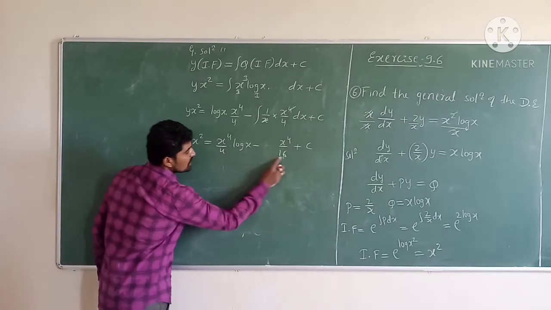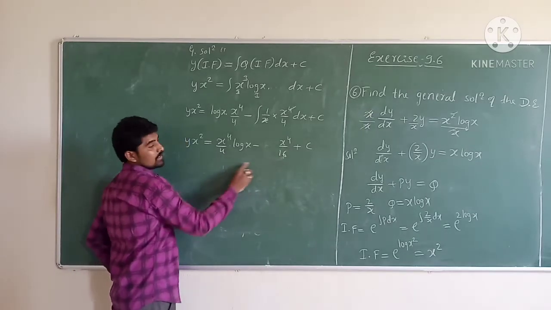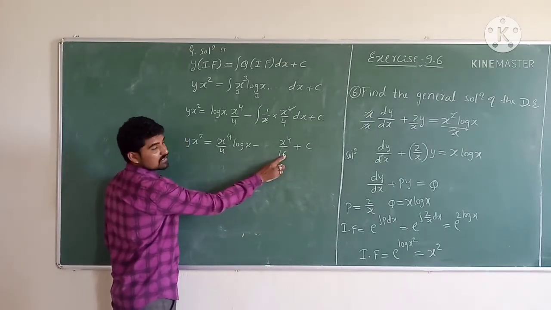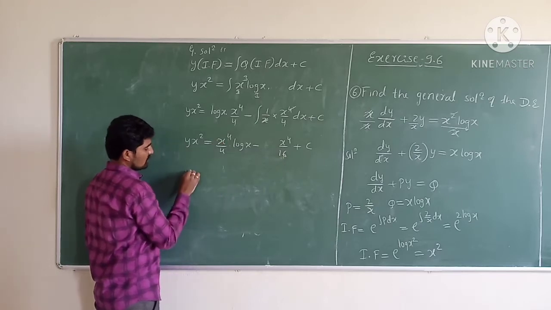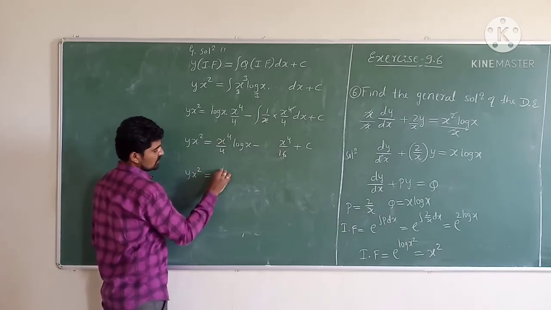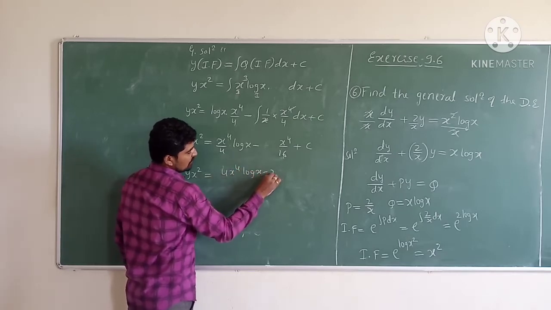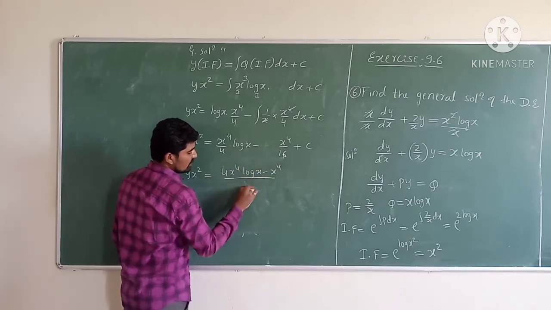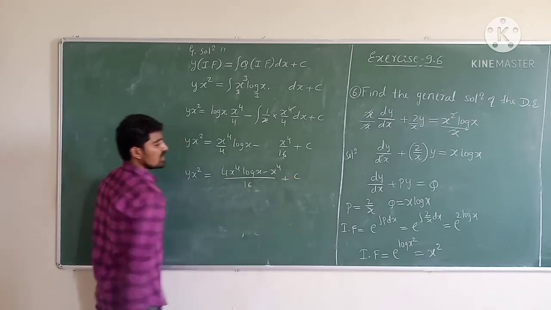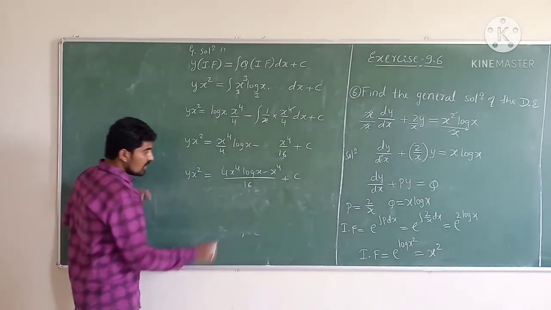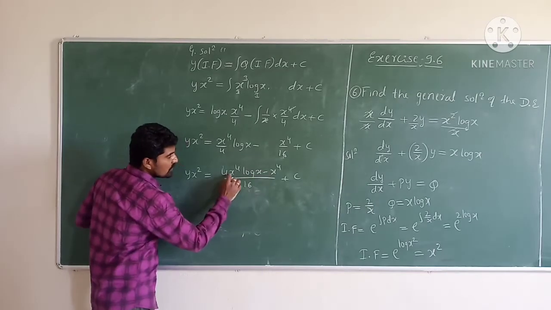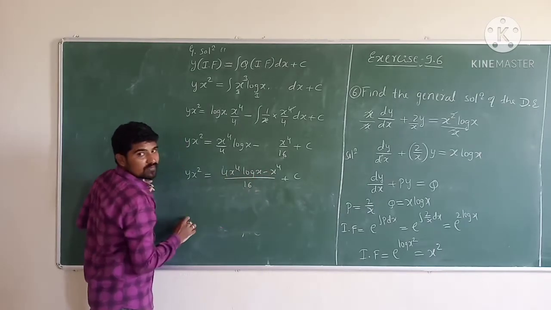Now in between these two, LCM is 16. So multiply by 4. So y into x square is equal to 4 into x raised to 4 into log x minus x raised to 4 divided by 16 plus integral constant c. Now in between these two, we may take x raised to 4 as common.